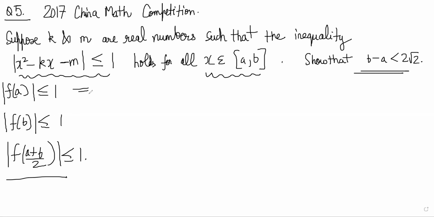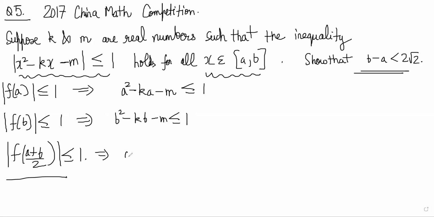So if I take this case from here, what we can say is that a square minus ka minus m will be less than or equal to 1, right? And from here we can say b square minus kb minus m will be less than or equal to 1.